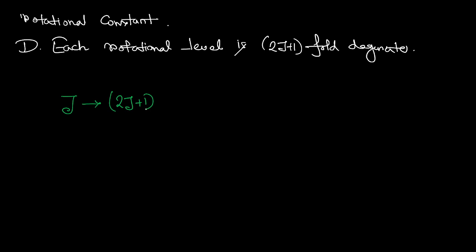That will also contribute, with a number of 2J plus 1 for a particular J, so the rotation in space will have a degeneracy of 2J plus 1. If we multiply, the degeneracies can be multiplied. So this is nothing but (2J plus 1) squared. So it is not 2J plus 1 fold degenerate, it is (2J plus 1) squared degenerate.